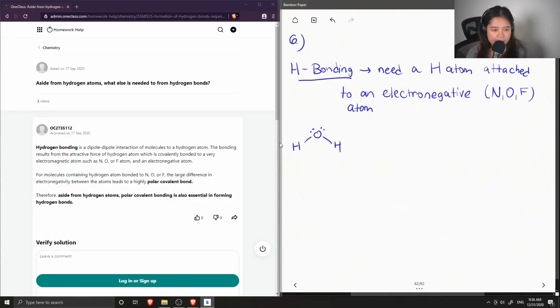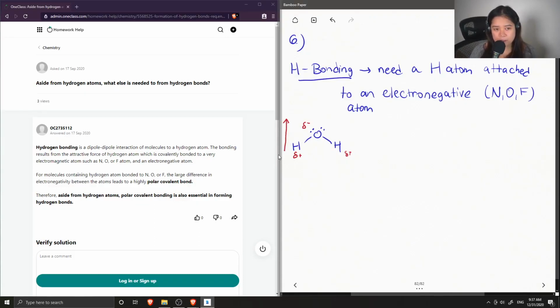So the side that contains the oxygen has a partially negative charge, and then the side of water that has the hydrogens will have a partially positive charge. So we can show that this water molecule has an overall dipole moment in the direction towards the oxygen.